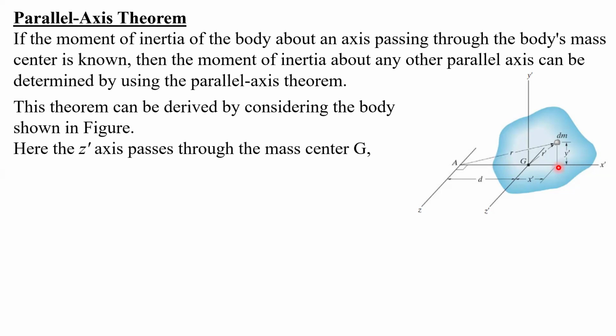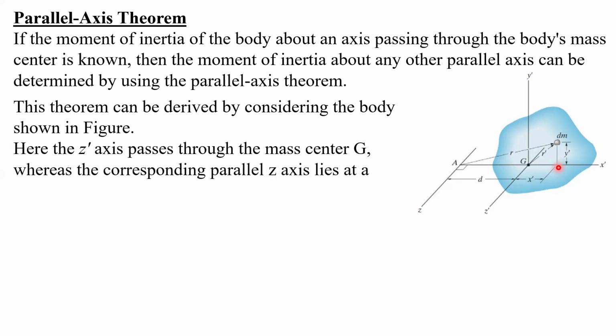So hence, the z prime axis passes through the mass center, whereas the corresponding parallel axis, the z axis, lies at a constant distance d away. So this parallel axis is at a distance d away.